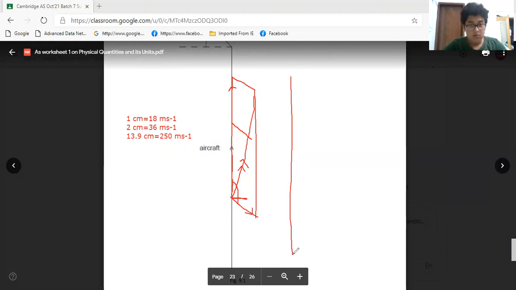Then this one is your 2 centimeters. Then take the angle here, 135. Here is your aircraft and here is your wing, right? Then you complete the parallelogram this way.